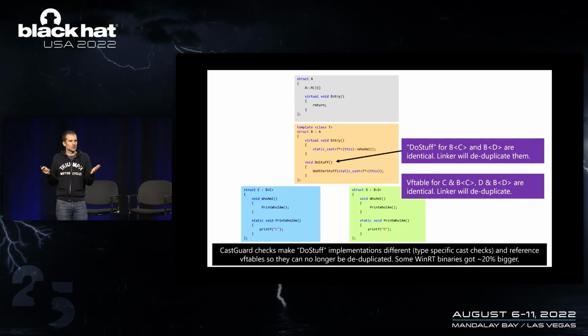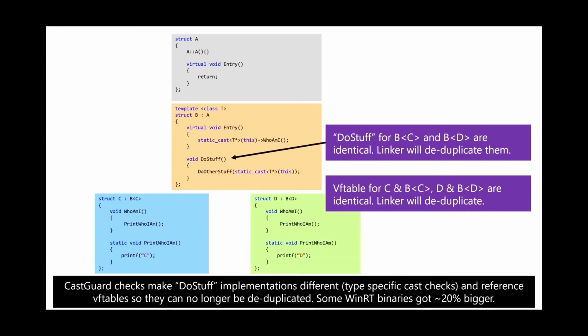So why does CastGuard have issues with this? Well, it really comes down to the identical comdat folding stuff that I was talking about before. So without CastGuard enabled, you might have functions like this do stuff function here, and I realize it's hard to read, but all the do stuff function does effectively is a static downcast. And static downcasts normally have no code generation. And so all of these different do stuff functions for each specialized version of class B compile to the exact same assembly.